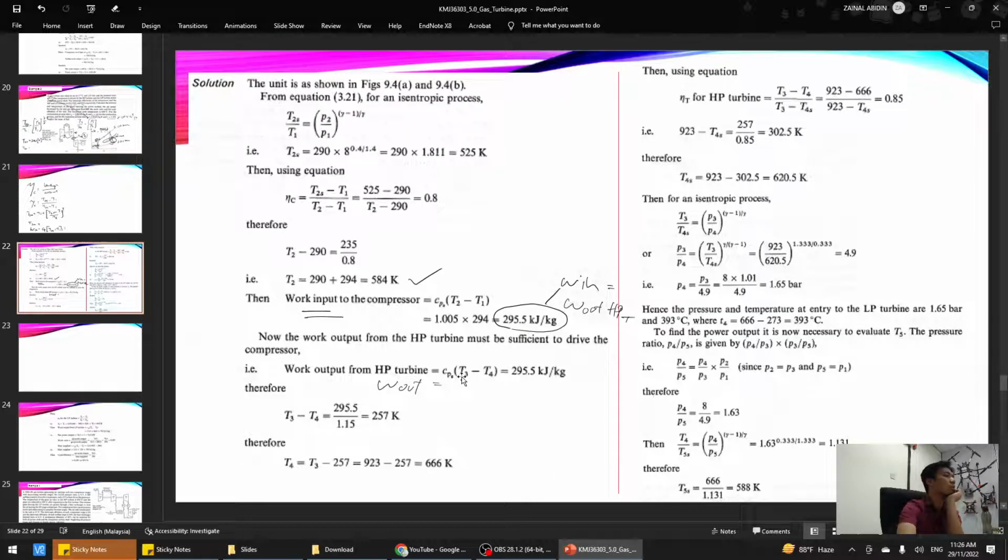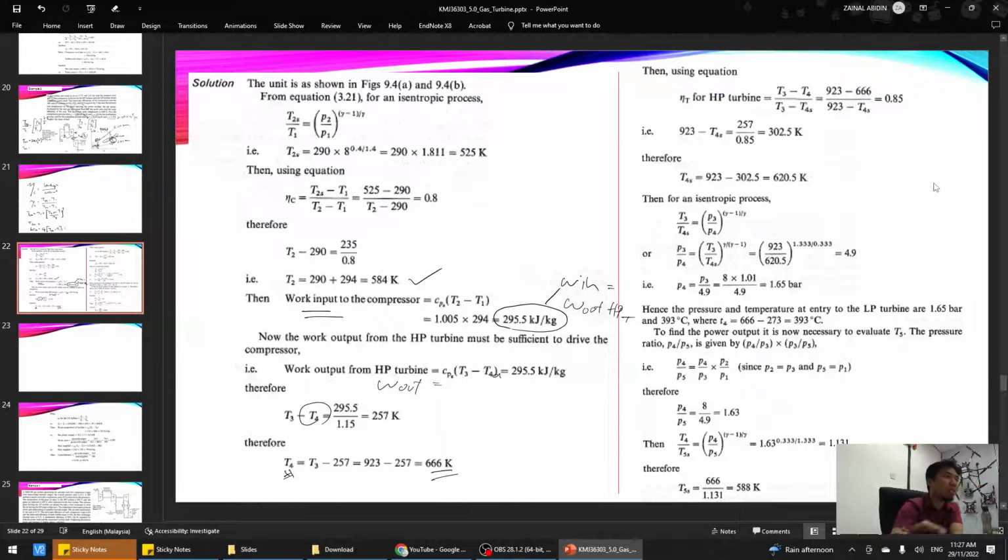Okay, T3 minus T4 actual you dapatlah T4 actual. Sebab T4 actual you tak ada. Ini yang kita cari. Dia patah balik soalan tu, dia suruh awak cari pressure pula kali ni. Okay, you dapat T4 actual 666 Kelvin, and after that you gunakan isentropic efficiency untuk turbine punya.